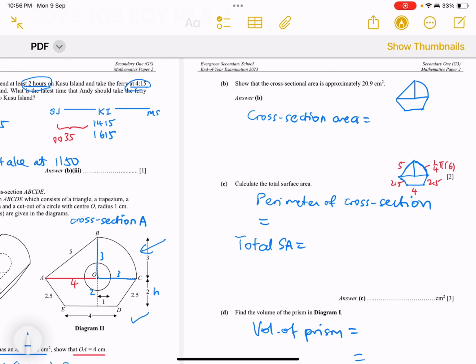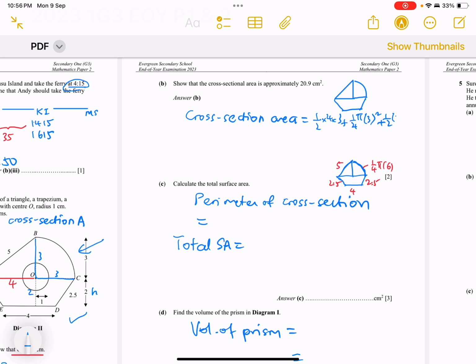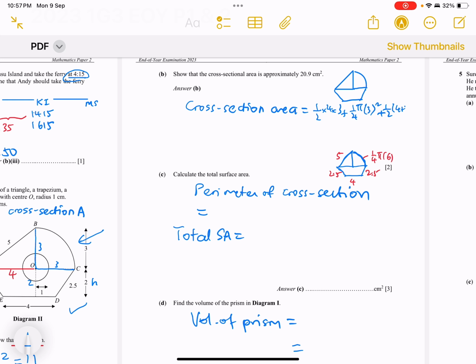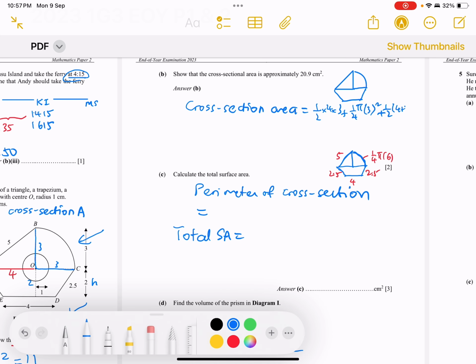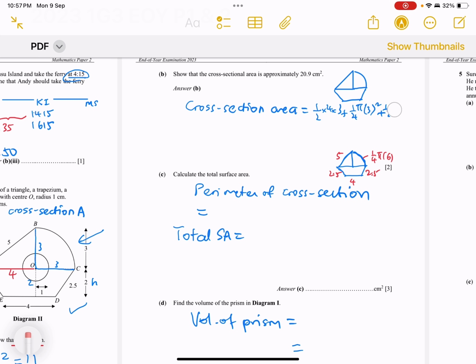And then we have the 1/4 of a circle, pi r square, and r is 3. And then the trapezium, half sum of the parallel sides. The parallel sides are 7 and 4. Actually, we already have the area of the trapezium, right? It's 11. So we don't need to work that out. We can actually put it in straight away.